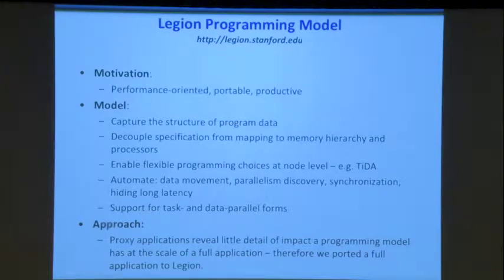And it has a way to then automate how data is moved around, how parallelism is discovered, how synchronization is done between tasks, and how to hide latencies or failures on the machine. There's also support here for both task as well as data parallel forms. And while co-design with proxy apps, which are smaller pieces of code, gives a lot of information, what we worked on together with the CS team was to take our entire S3D DNS code, a full application, and port it to this new way of programming with asynchronous Legion.